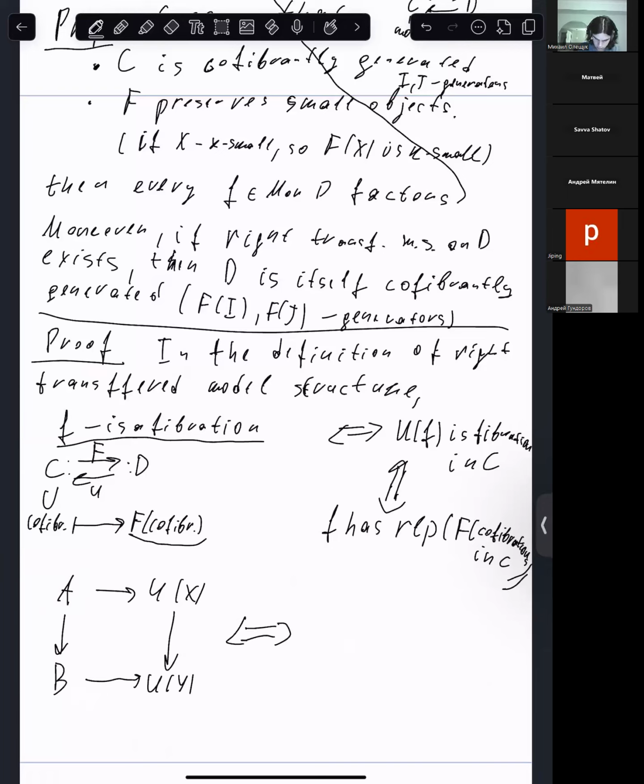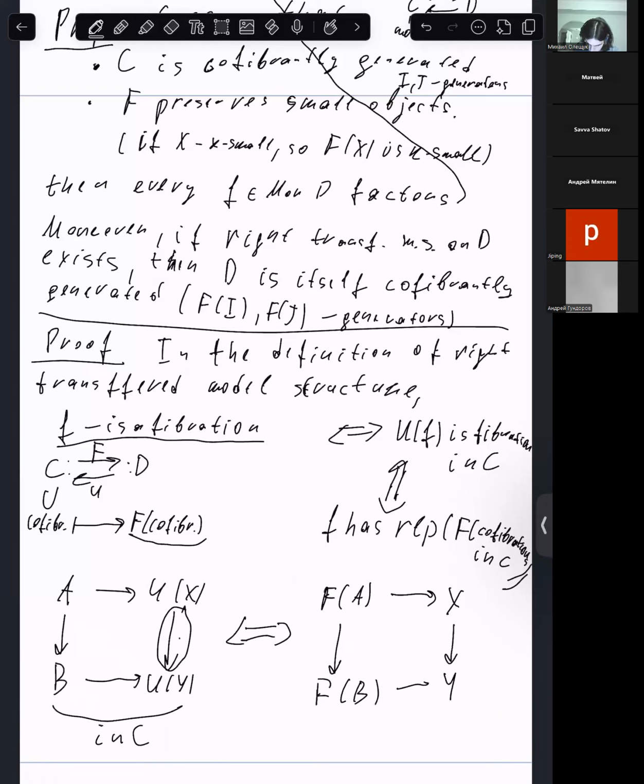So if we have a diagram of this type, and want to know if this right map is a fibration, by adjointness we have a diagram of this form in D. This is a diagram in C, this is a diagram in D. So we have a lift here.